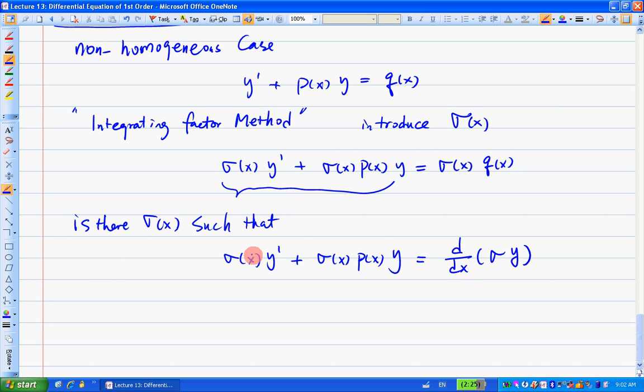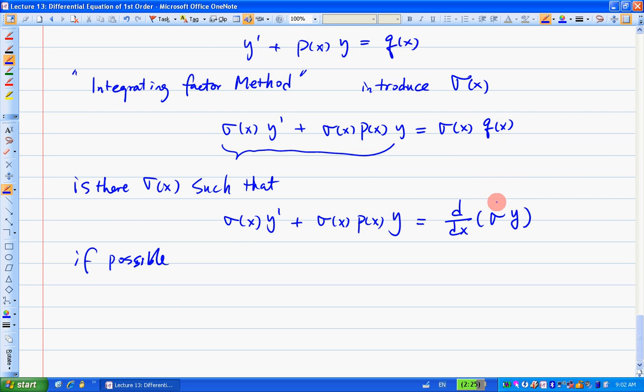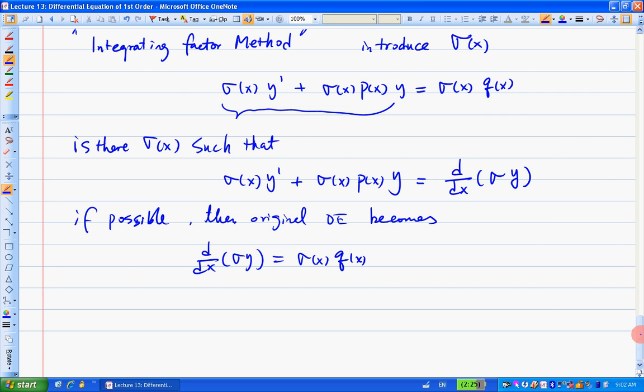So if this is possible, see the logic here. If possible, then the original differential equation becomes d over dx of sigma y equal to this, sigma x q x.